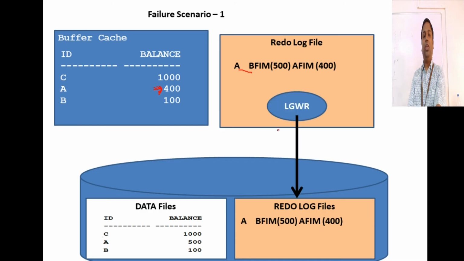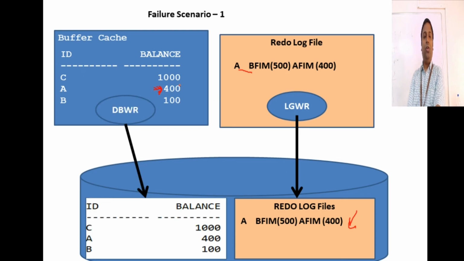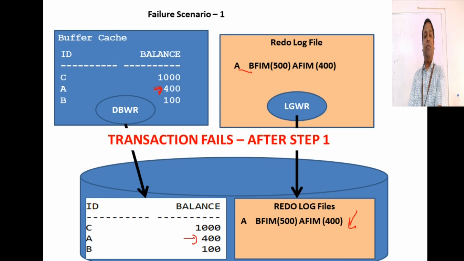I should move this to the persistent storage. So consider that 400 is also written to this particular data file. After this, my transaction fails. I made only one change to A, and then my transaction fails. Now what should be the process of recovery?